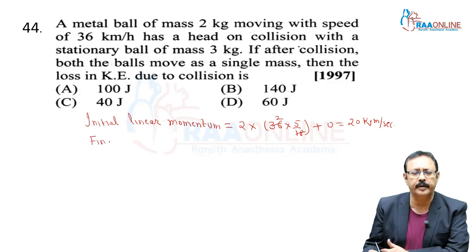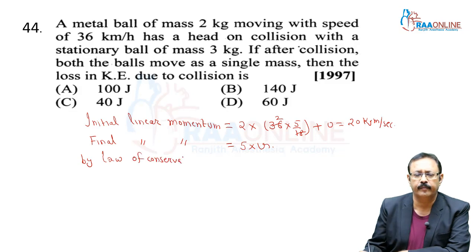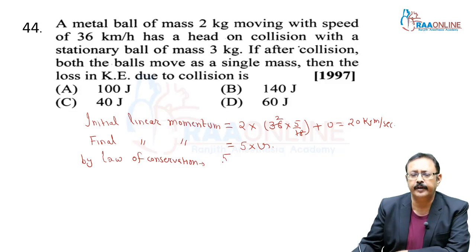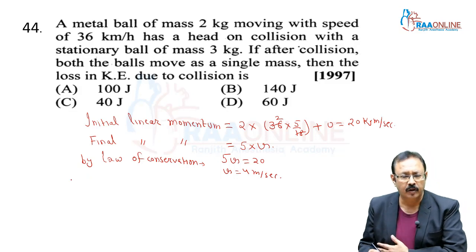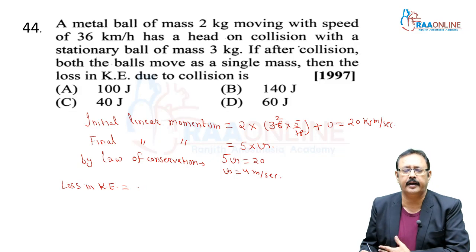Final linear momentum. Suppose velocity is v. So 3 kg and 2 kg, 5 kg, and velocity is v. So by law of conservation of momentum, 5v is equals to 20, so v is equals to 4 meter per second. So loss in kinetic energy means initial kinetic energy minus final kinetic energy.